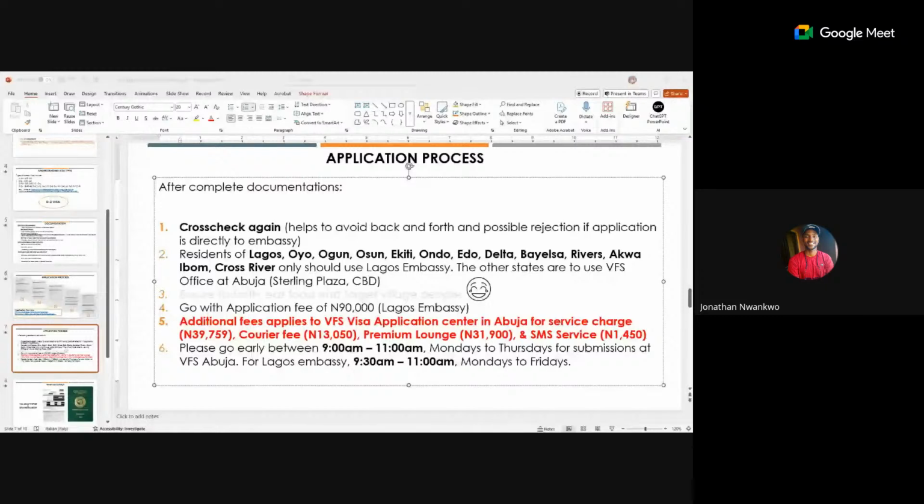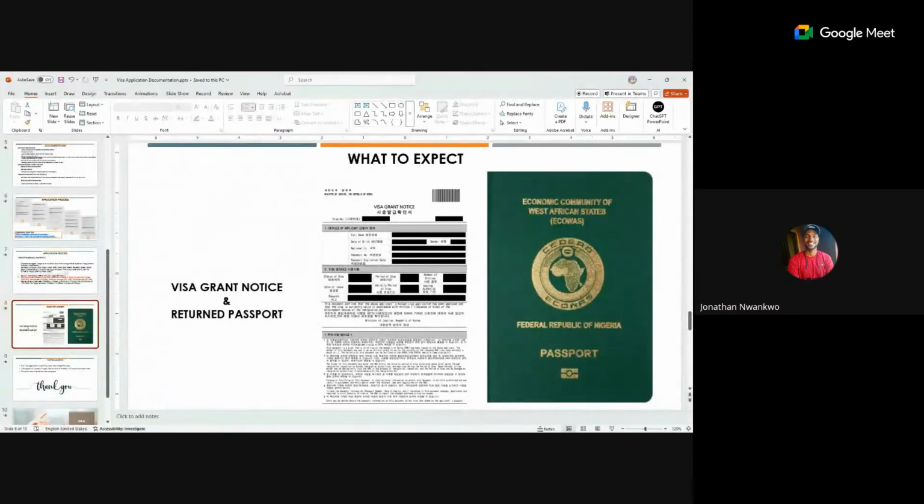Next slide, please. And so for what to expect at the end, because this is just the process, you expect your visa grant notice, which looks like what you have there, and your return passport, because your passport is going to be taken. These are the two documents that they will send back to you. Every other document they will keep. So if there are any of your original documents you want to submit, just carry the original for their sighting. Make a photocopy.